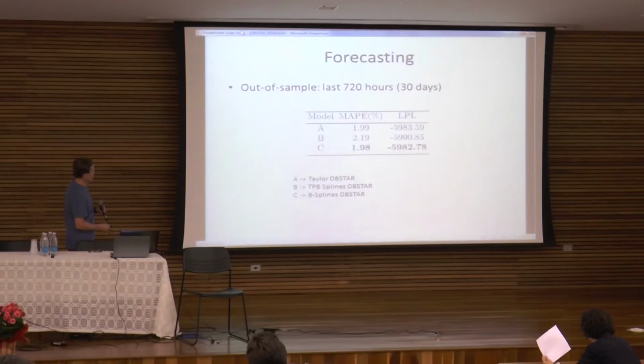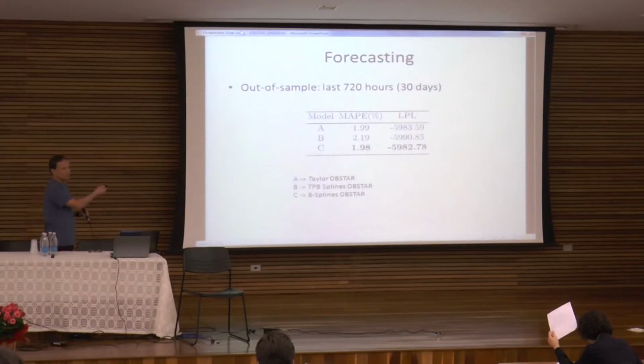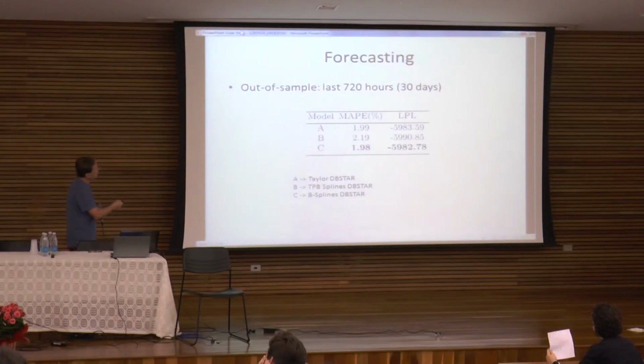In terms of forecasting, the last 30 days, June 2010, were left out, and those three models were used to produce forecasts; one step ahead during fitting, but during application, out of sample.